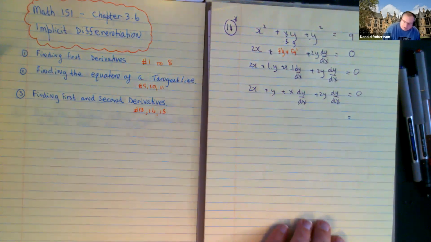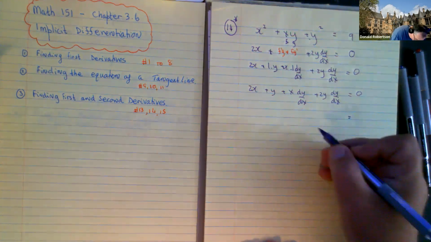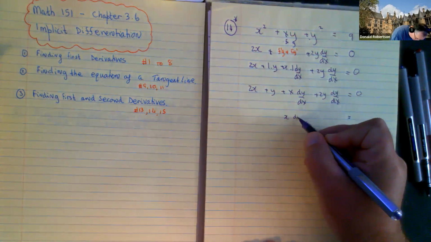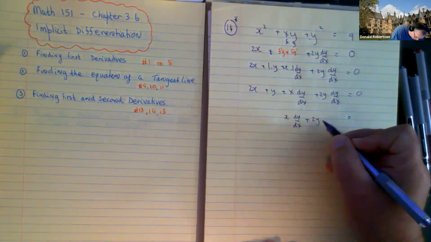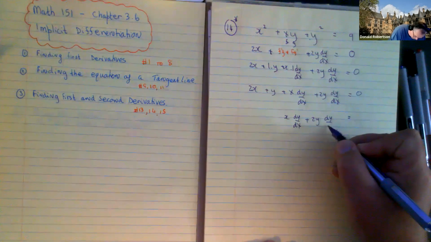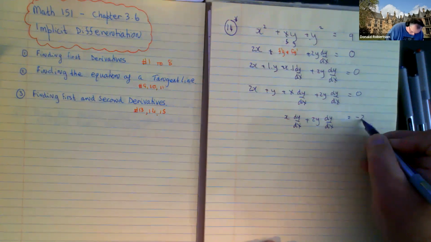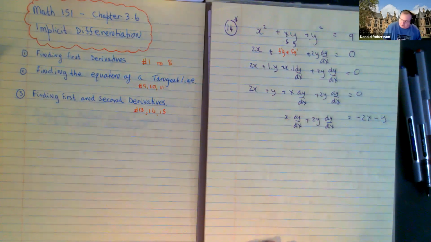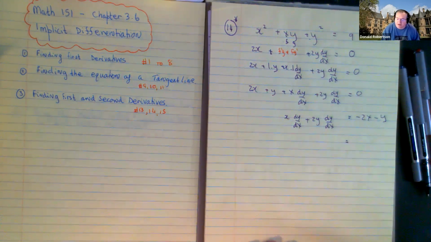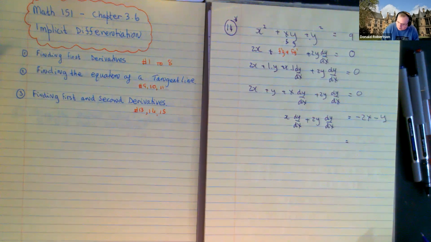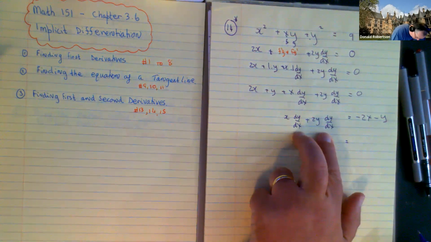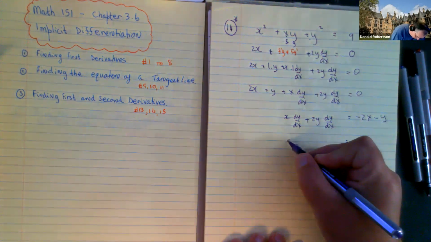So when I do that, I'm going to have an x dy by dx plus a 2y dy by dx, take away 2x from both sides, take away a y. And just like I did at the start of today, aren't we going to finish with the same two lines that we typically finish with? Pull out a common factor of dy by dx and then finish with a divide.